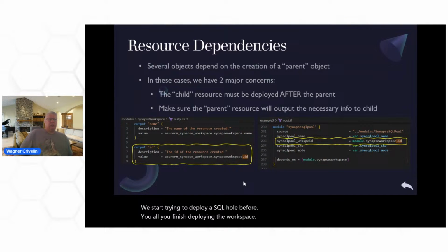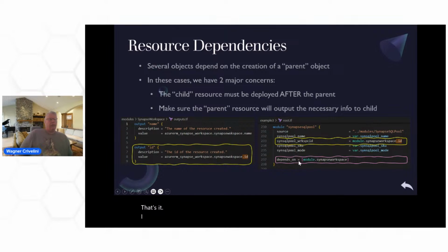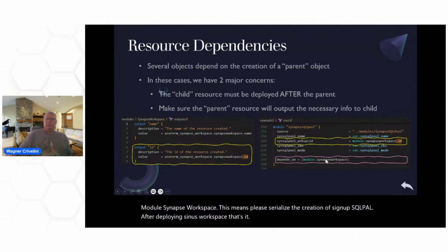So what should I do? I add depends_on module Synapse workspace. This means please serialize the creation of the Synapse SQL pool after deploying the Synapse workspace. That's it. Finished.